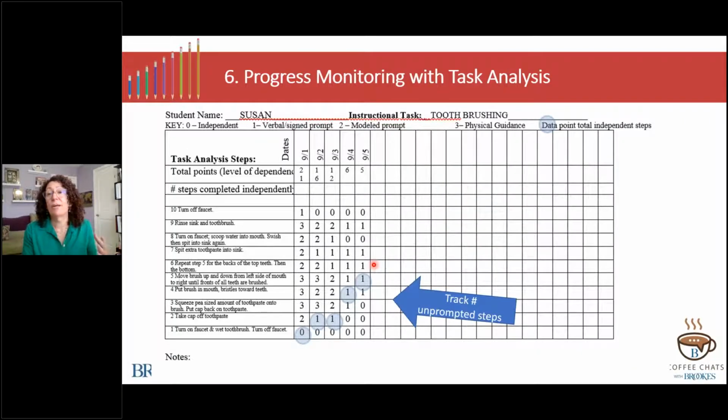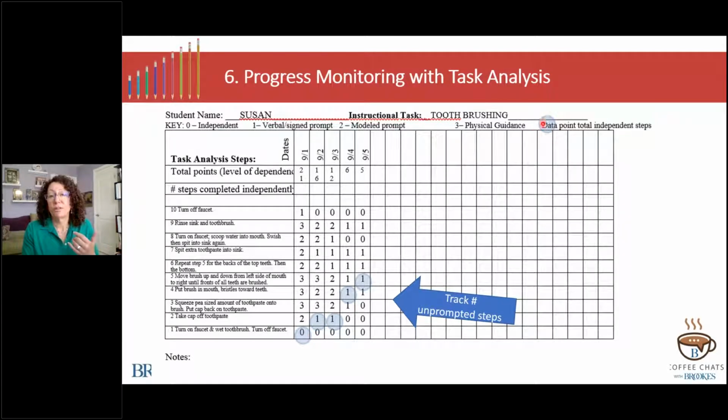Now, here's the part about this that I find completely brilliant, and also my students seem to have a very hard time following this line of reasoning, but stay with me for a minute here. So not only do I want to see each individual step and how Susan can perform on each particular step, but I want to see how she's making progress with her independence.